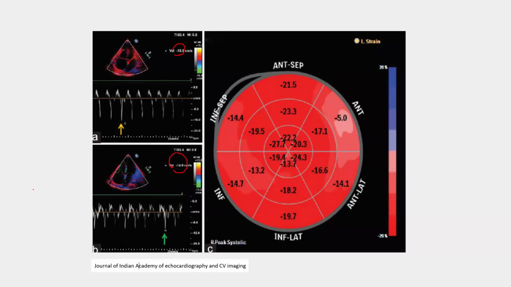Does this go with constriction? Notice, the lateral E prime, which is this, is 18. The medial E prime, which is this, is 14. Does that go with constriction? No. Very good, no.